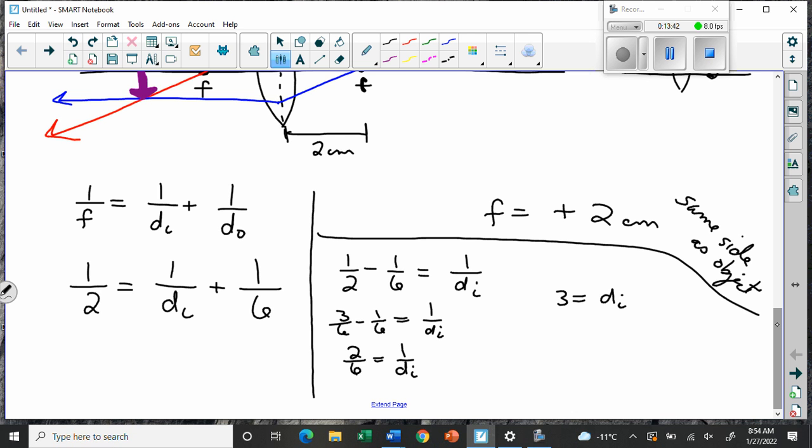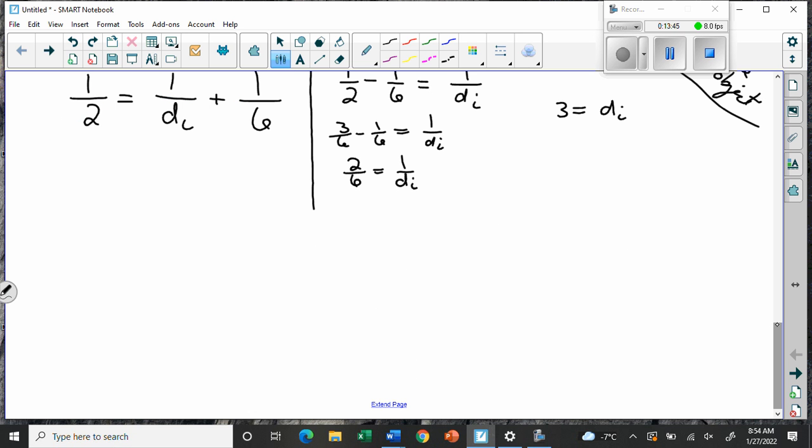So now let's go on and figure out the magnification. If we figure out the magnification, that would be negative DI divided by DO. And we would get M equals negative 3 over 6, which comes out to negative 1/2, which means that the image is going to be half the size of the object, so it should look a little smaller.